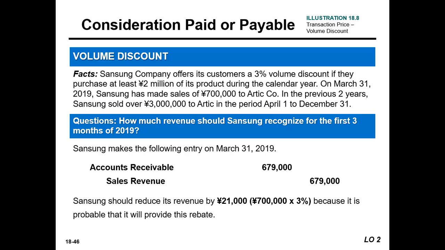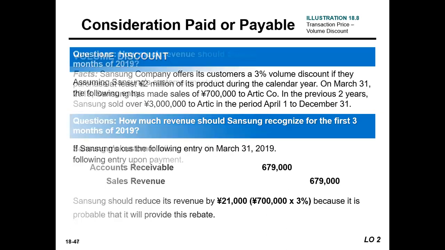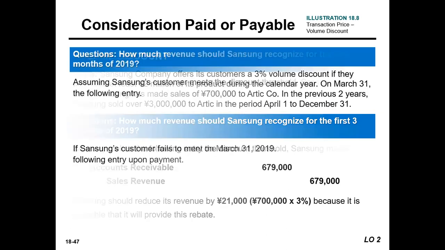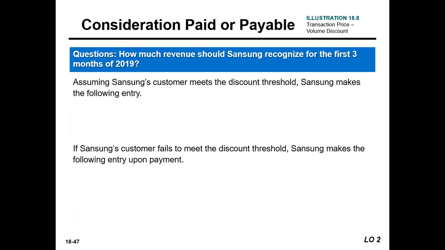So the revenue is actually reduced by 21,000 because it is probable that the company will provide this rebate. So question again, how much revenue should Samsung recognize for the first 3 months of 2019?